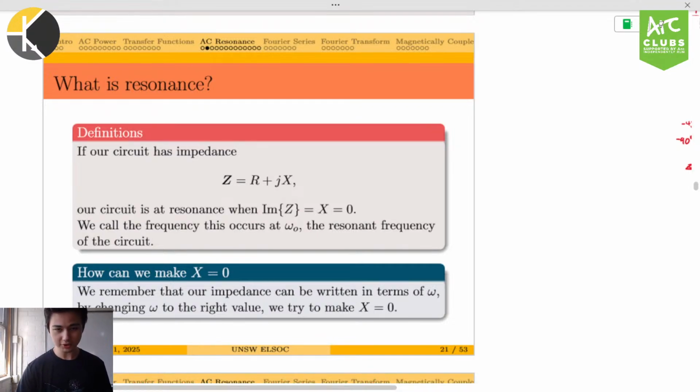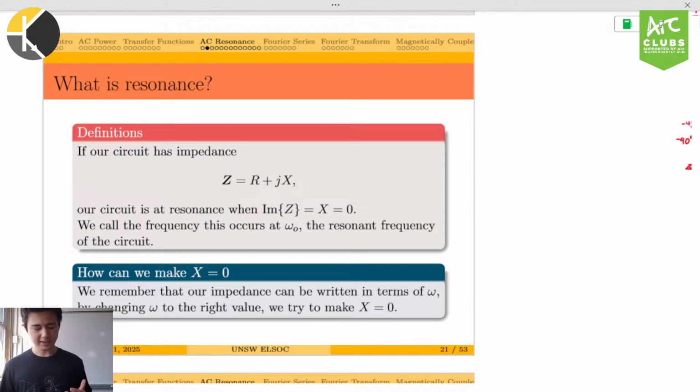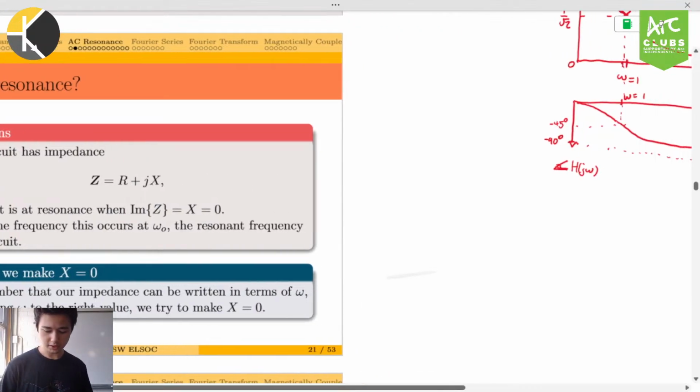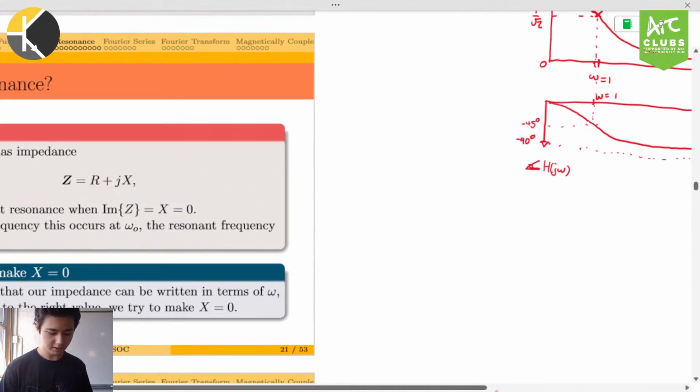So if our circuit has an impedance given by this, the resonance condition is when our imaginary component goes to 0. It can be a little bit strange at times. You might sometimes have your impedance expressed as an admittance.